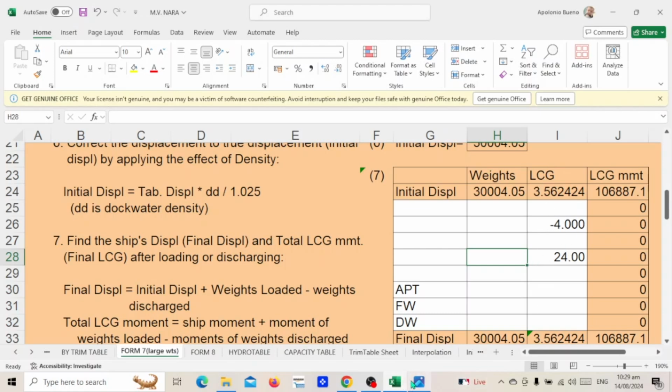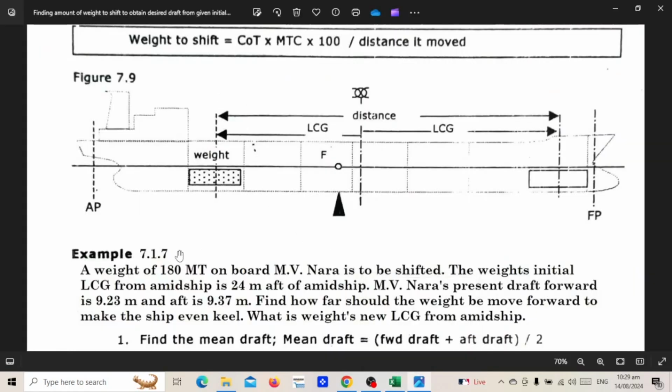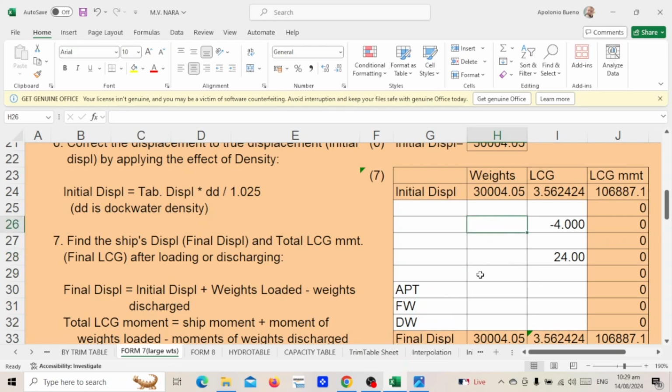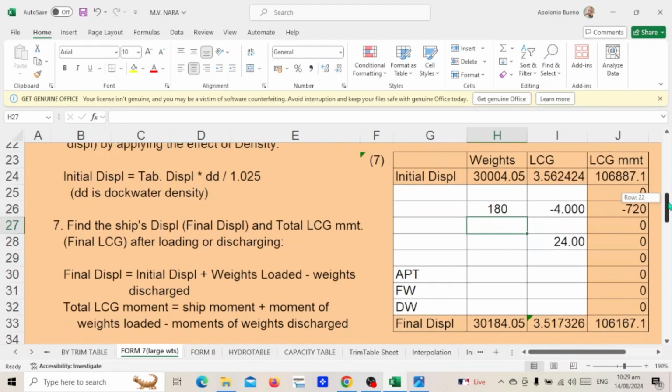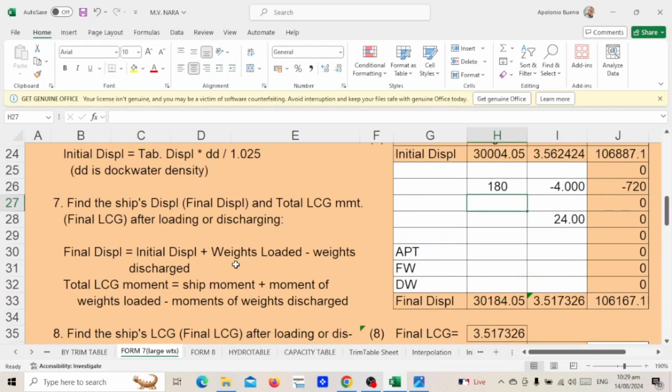And as I have explained, the weight of 180 metric tons, you're going to put it here. So you put 180, and what does the program say? The program says weights loaded is positive.